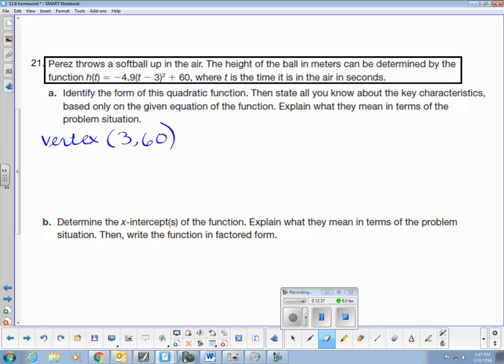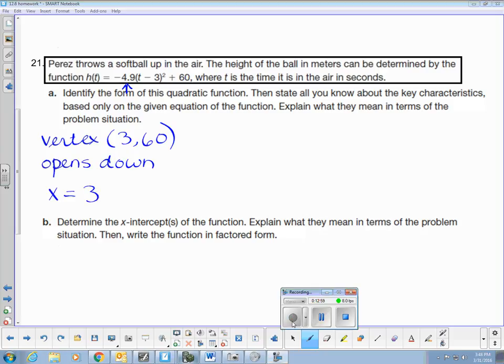I can tell that my parabola is going to open down. And I have an axis of symmetry at x is equal to positive 3.